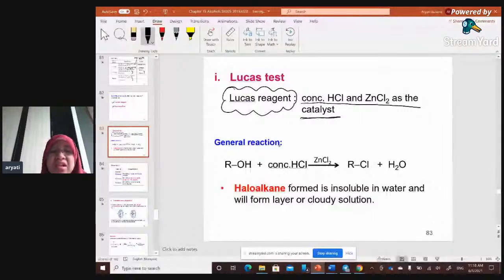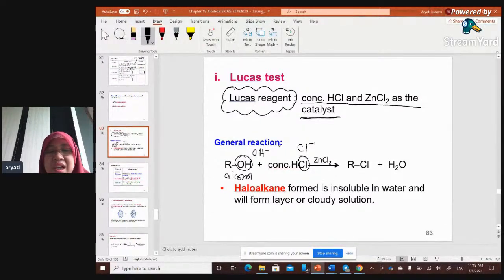Okay, so the general equation for the reaction between an alcohol, ROH, with concentrated HCl and ZnCl2: the OH will undergo nucleophilic substitution with Cl. So Cl minus is the nucleophile that substitutes OH, and ZnCl2 acts as a catalyst so that the reaction becomes faster. The products are RCl and H2O.